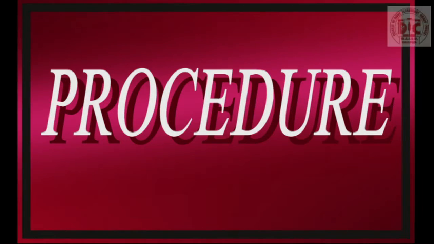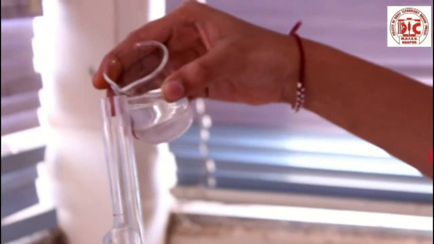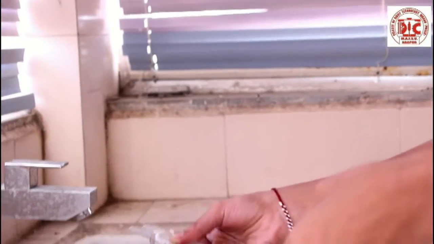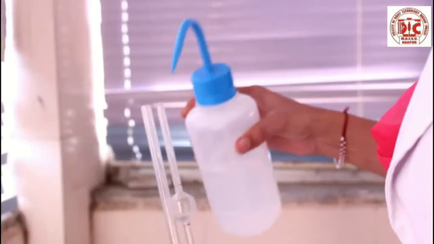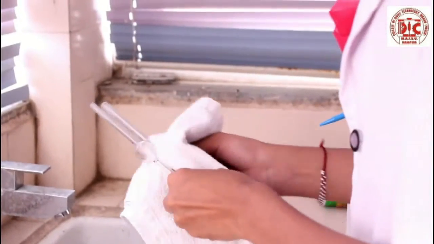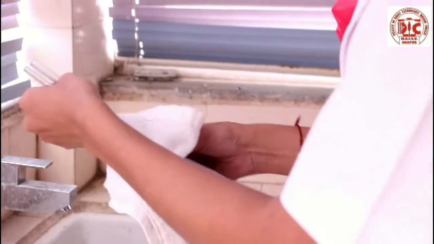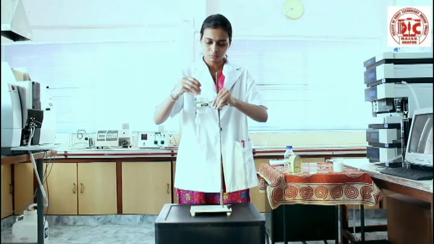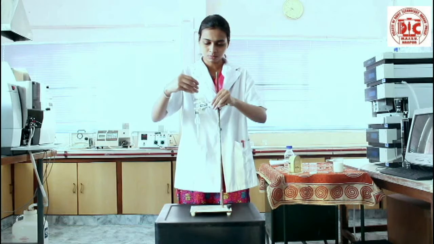Procedure: clean the viscometer thoroughly by washing successively with dilute alkali solution, tap water or chromic acid, tap water and distilled water. Fix the clean dry viscometer in a constant temperature bath at 20 degrees Celsius plus or minus 0.1 degrees Celsius.